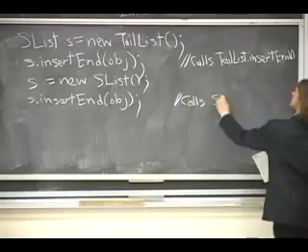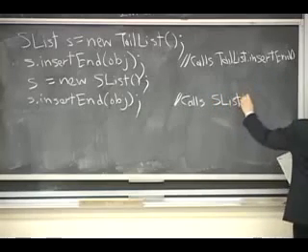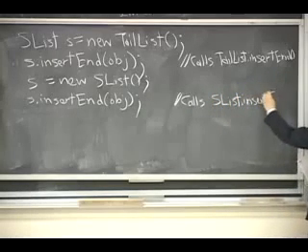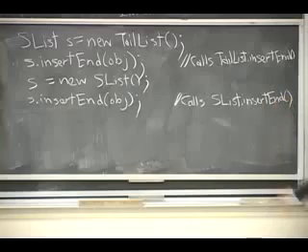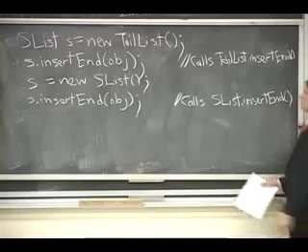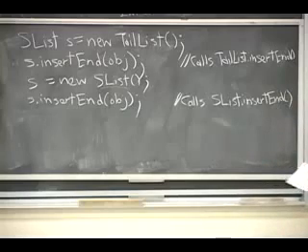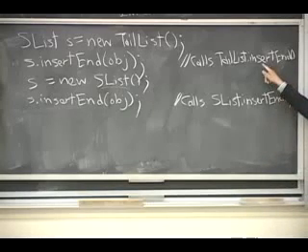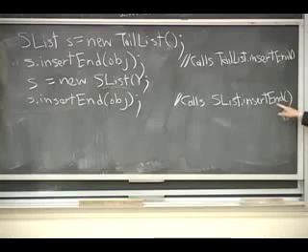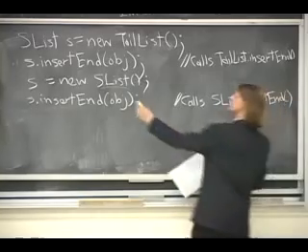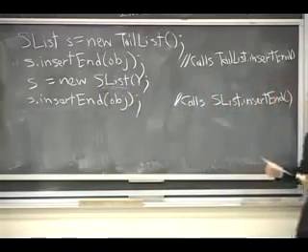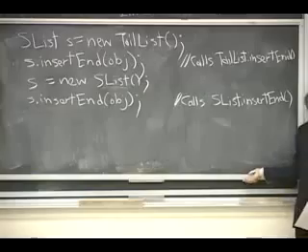It calls a different insertEnd implementation. And that's a good thing because this generic slist we just created doesn't have a tail pointer. If we called the wrong insertEnd method and tried to update its tail pointer, it wouldn't have one. But Java knows to call the slist implementation of insertEnd, which does the right thing for a generic slist object. And that's dynamic method lookup.